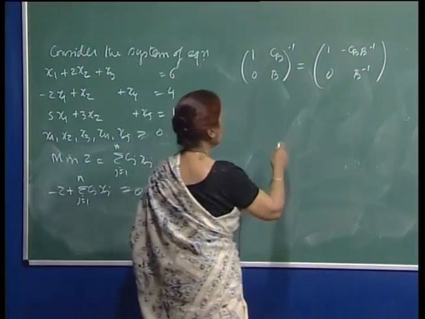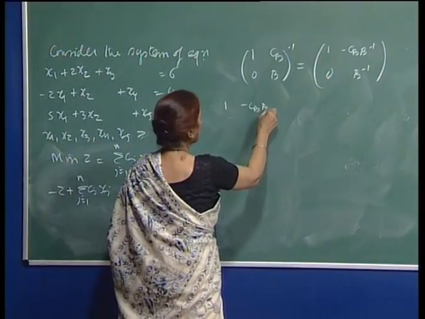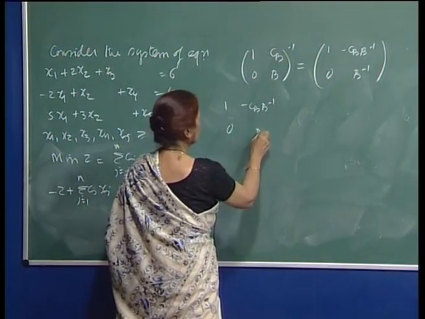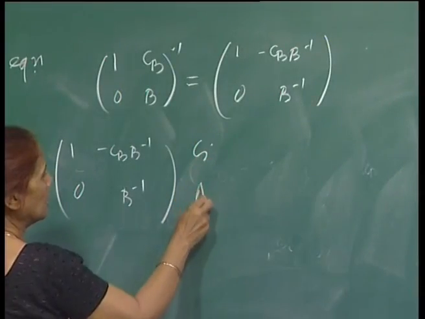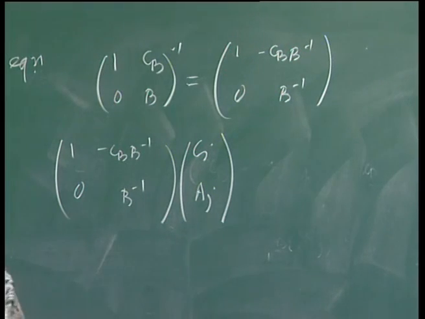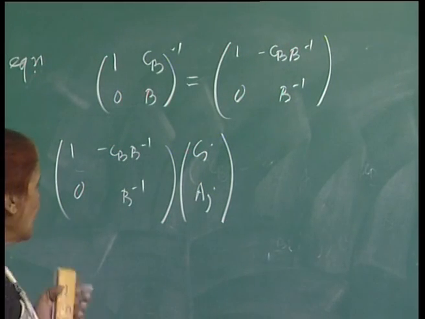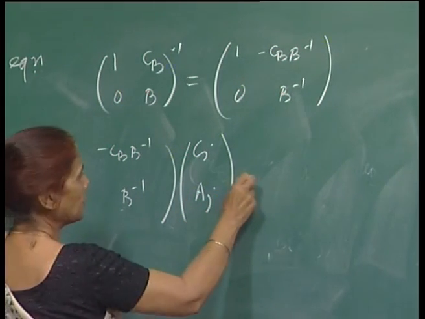Now, if you multiply 1, minus Cb b inverse, 0, b inverse with Cj and Aj, so you pre-multiply. Remember, this is what we are doing, because we need the quantities Yj's. That I will get from here, b inverse Aj, but now I will get something more.